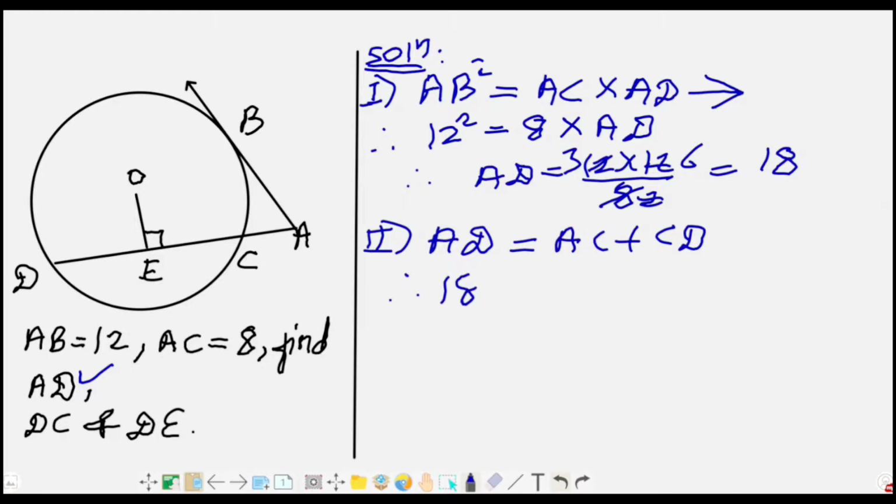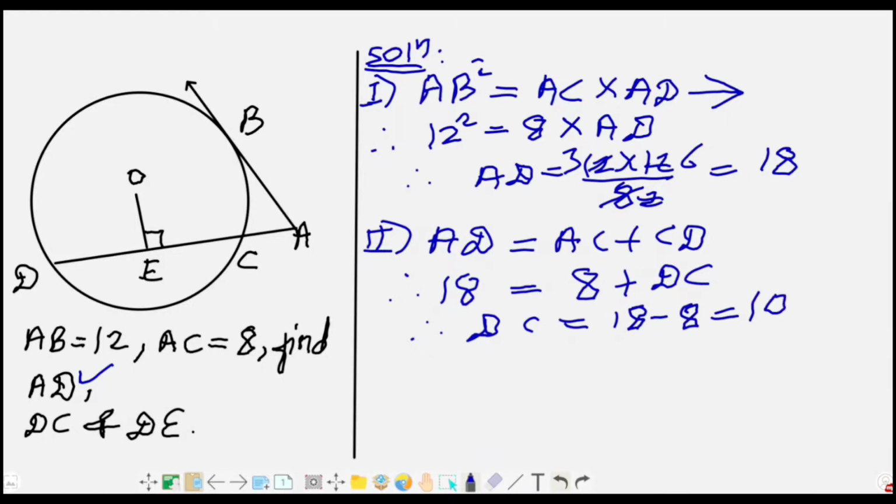AD is 18, AC is 8. So your DC is 18 minus 8, that is 10. You got the second distance also.